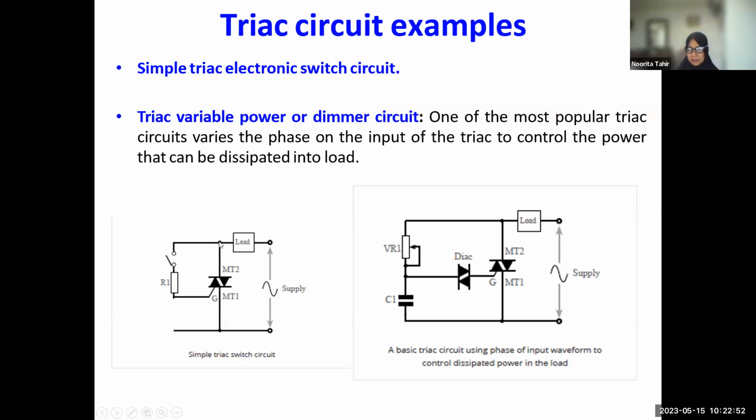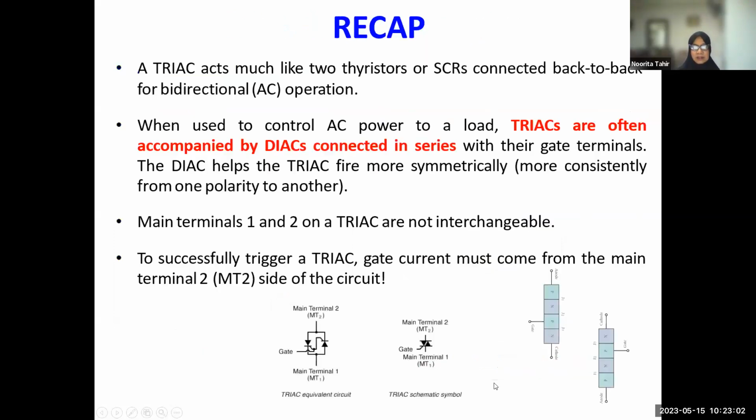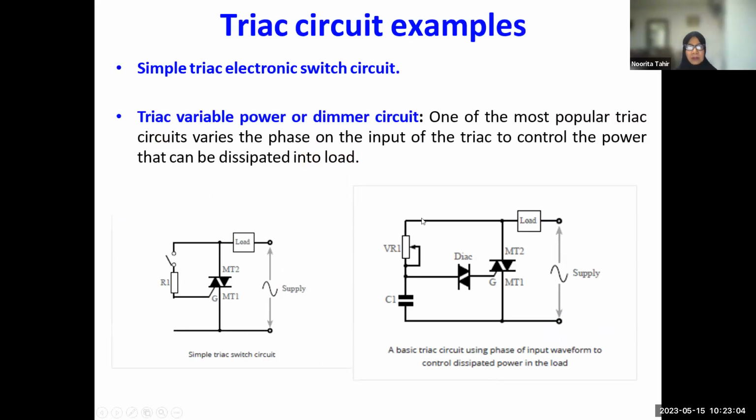This is one example, a basic triac circuit to control dissipated power in the load. Another is the triac variable power or dimmer circuit, a basic triac circuit using the phase of the input waveform to control the dissipated power in the load.